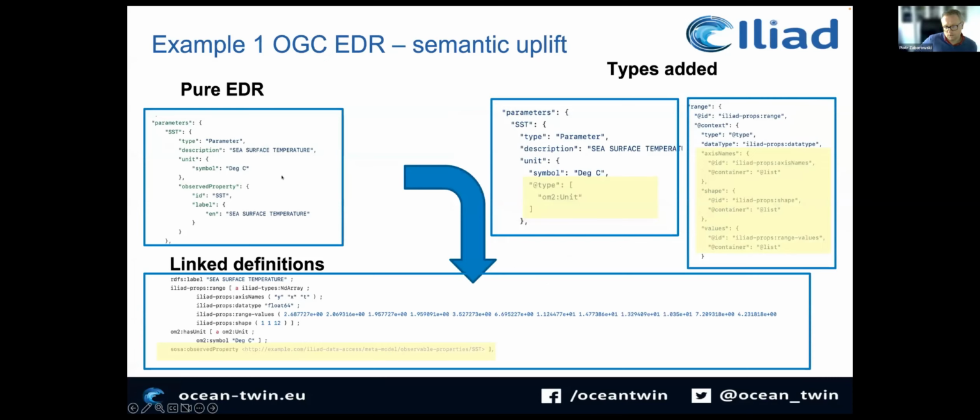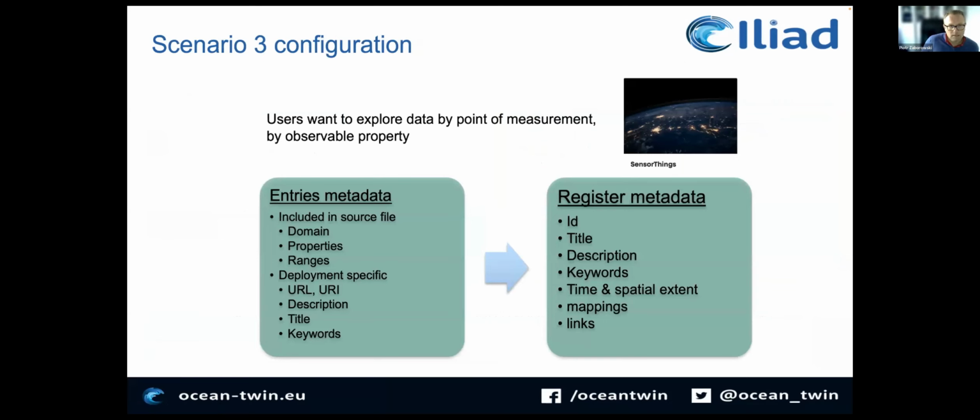I mentioned the ocean information model, which is giving the explanation of what the data are, meaning that we have the temperature. In the ocean information model, we have this typology, so we know what type of information that is. And going further, we even have these references to the observed property, either defined on the Iliad level or outside.